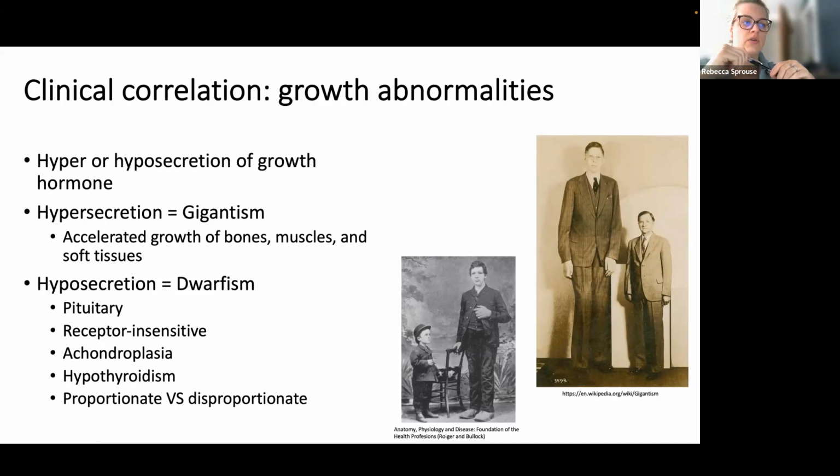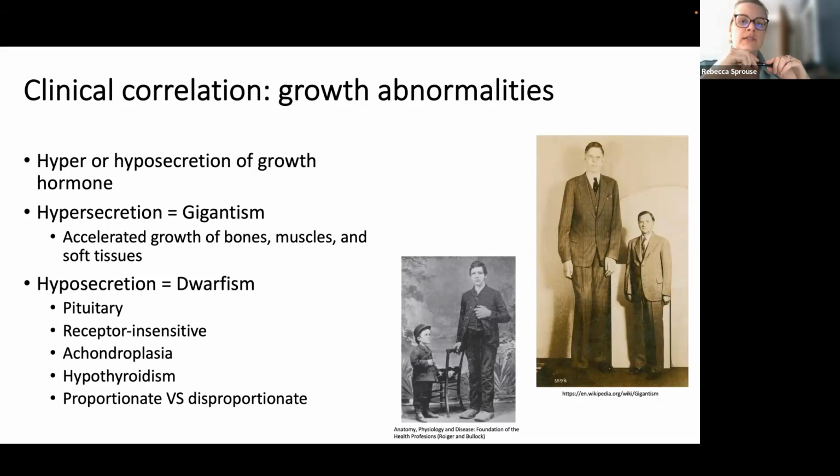And so you have accelerated growth of bones, muscles, soft tissues, and a lot of problems with organs at that point, because your organs don't necessarily all grow to the size that they need to be in order to accommodate such a large stature.